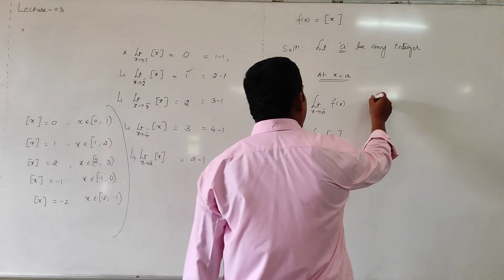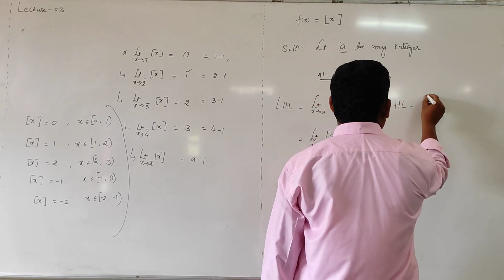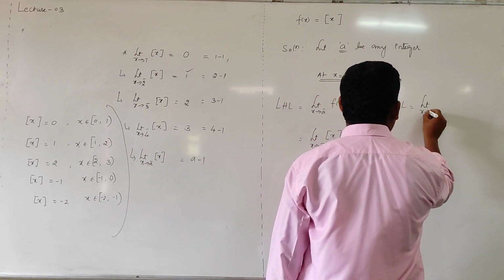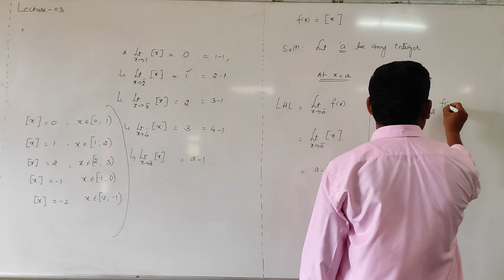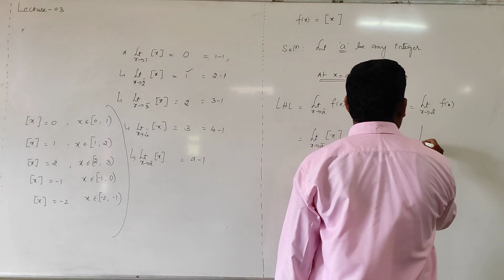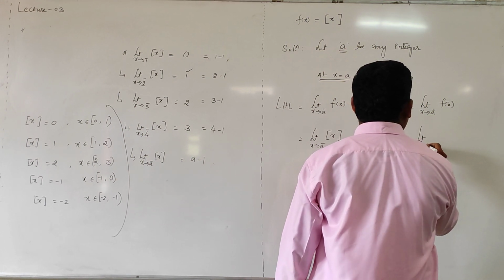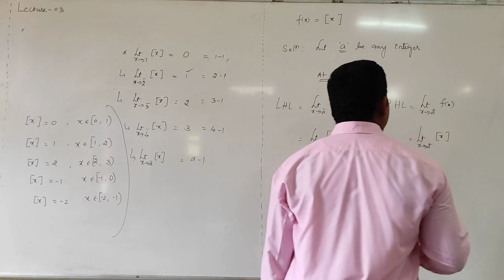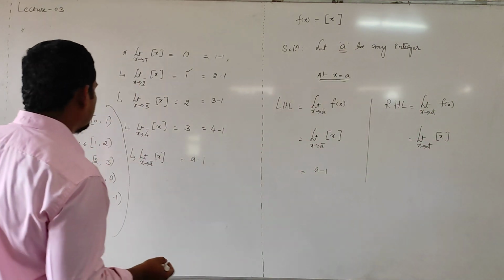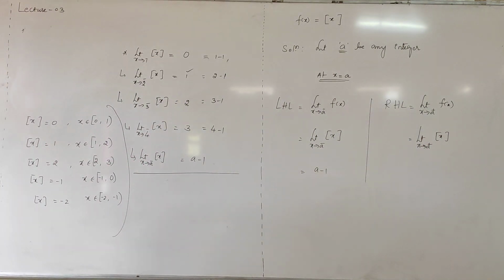Now similarly evaluate the right hand limit at a: limit x tending to a plus of f of x, that is limit x tending to a plus of step x. What is its value? I will give some particular examples, then you conclude.